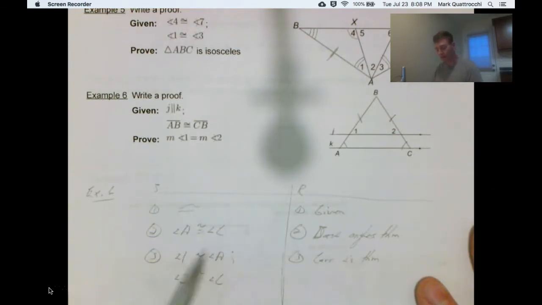Angle 1 is congruent to angle A, angle A is congruent to angle C, and angle 2 is congruent to angle C.